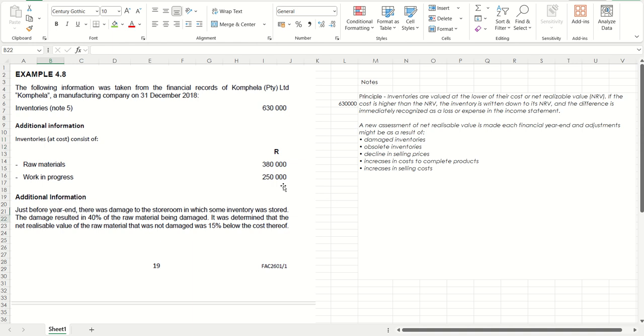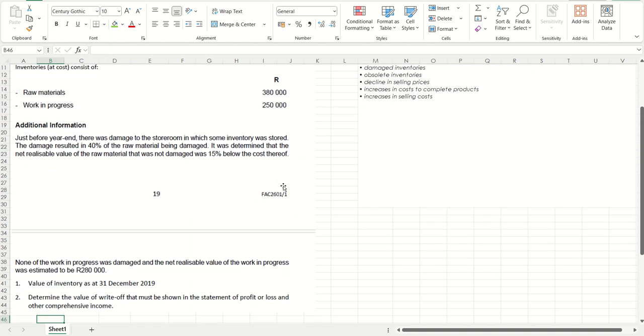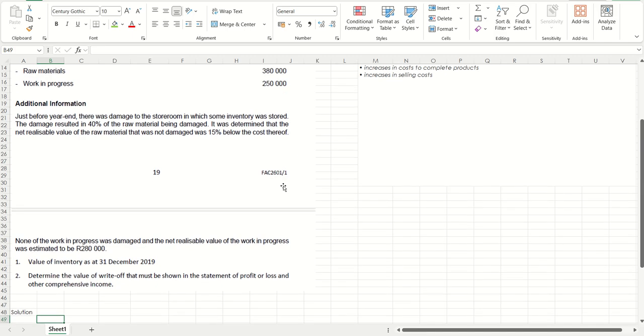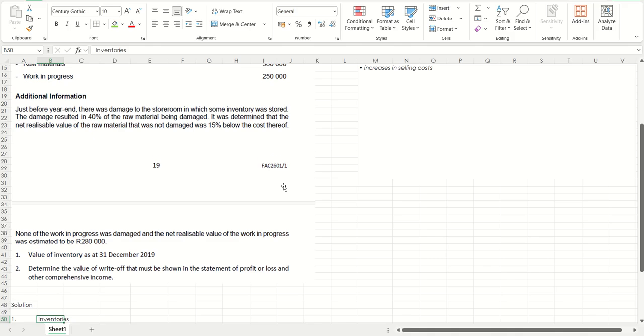So then we've got the damage here of the raw material. They say 40% of the raw material was damaged, and 60% was not damaged.